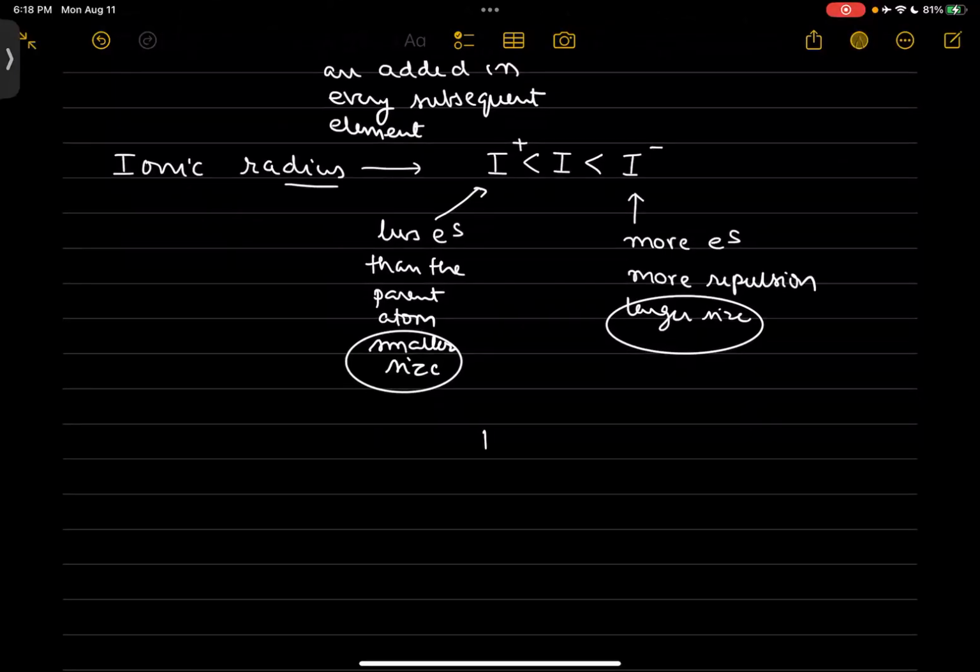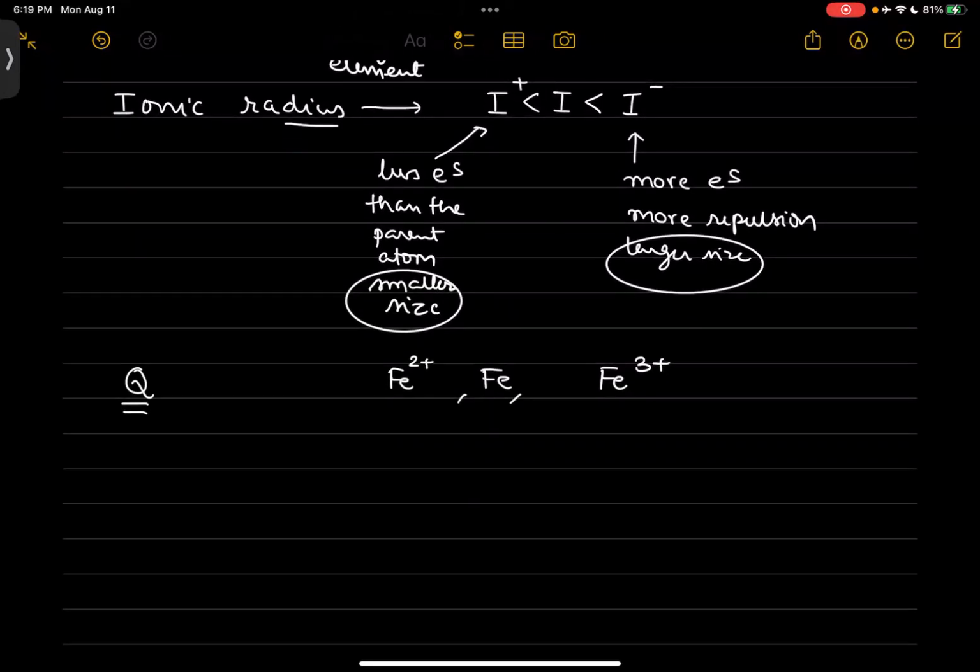Yes. Maybe let's compare the size for iron: Fe2+, Fe3+. Can you compare them? Fe3+ would be the least, because 3 electrons are removed.